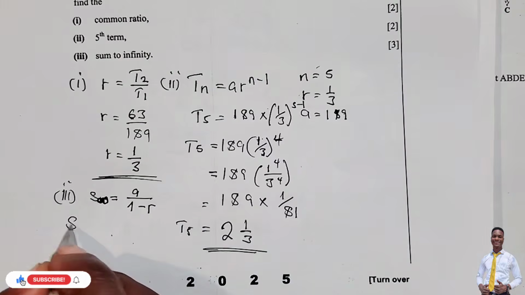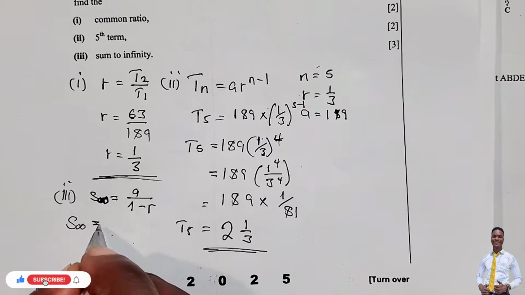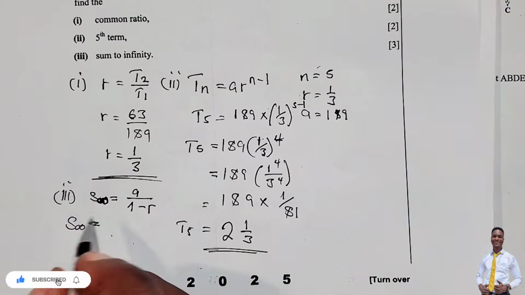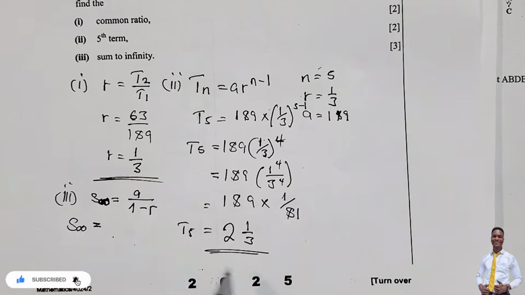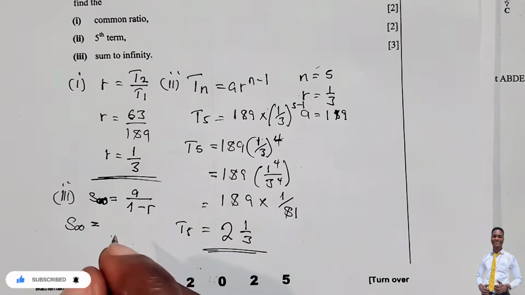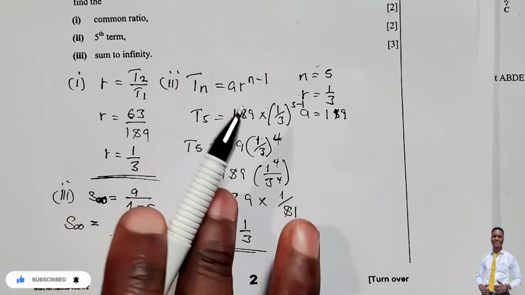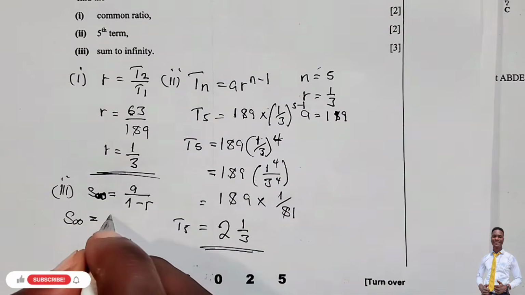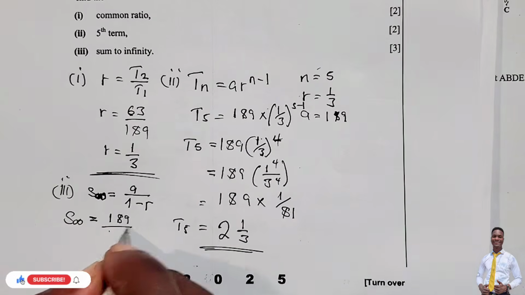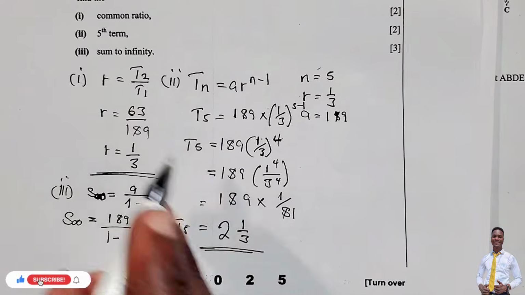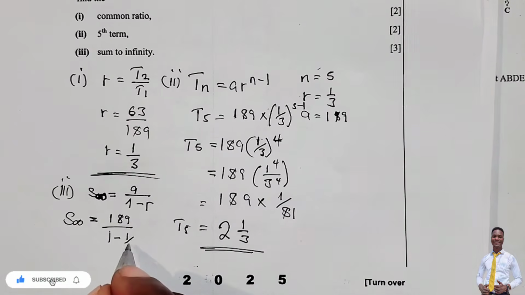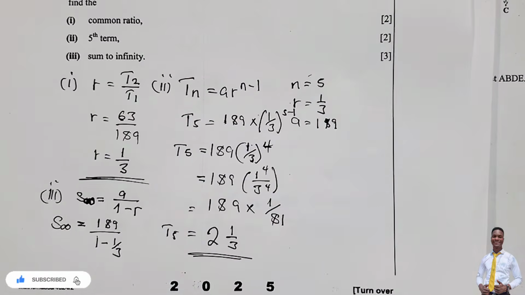So what's the first term? The first term here is 189. So I'm going to say 189 over 1 minus the common ratio, which is 1 over 3.